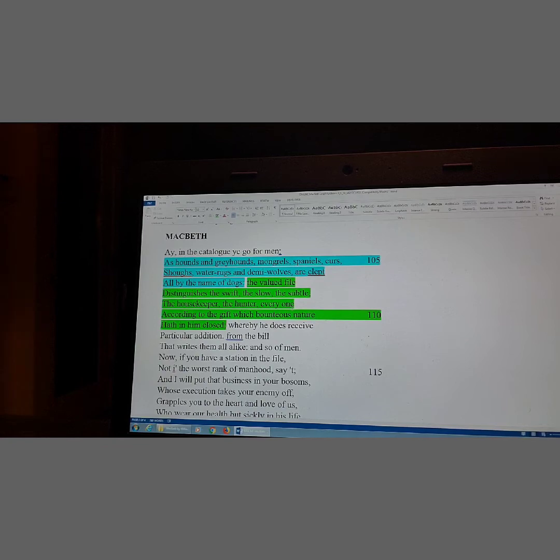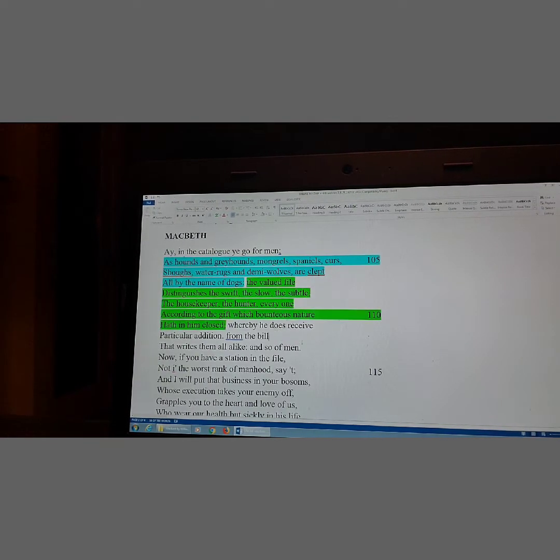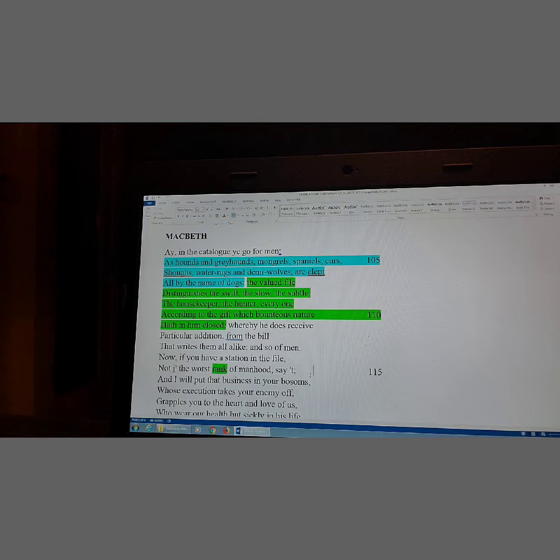Have you ever played chess? And here's the other word down here. Chess is played according to the rank and the file, right? The rank and file would be like, you have the forward position and then you have the side positions.